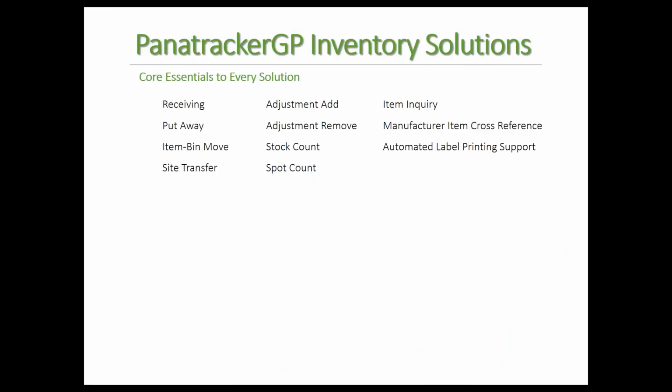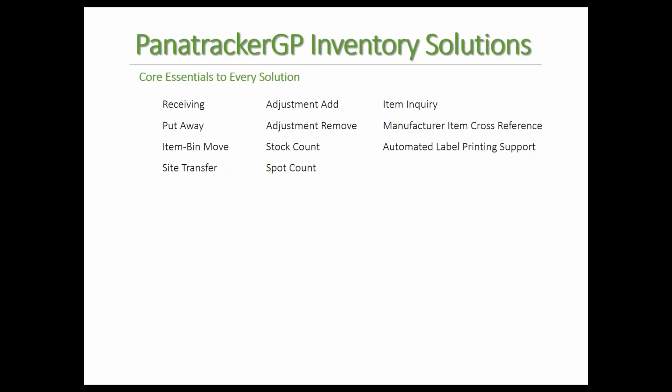Every solution we offer, no matter which one you select, has these core transactions always included. That's receiving, the put away transaction, item bin move, site transfers, the adjustments add and remove, the stock count, the spot count, item inquiry, and that manufacturer item cross-reference.